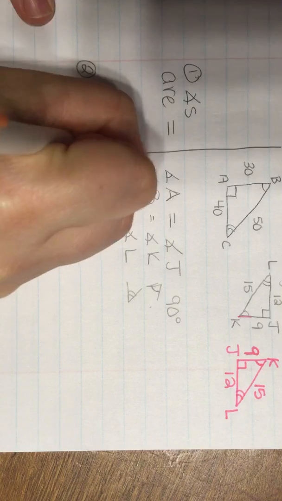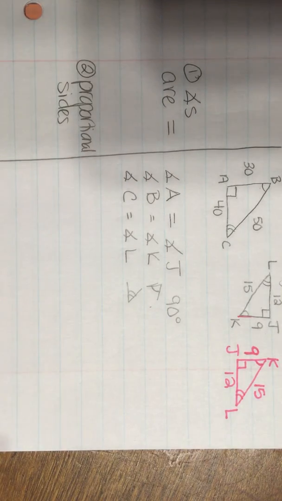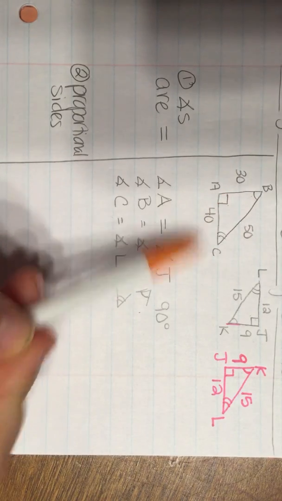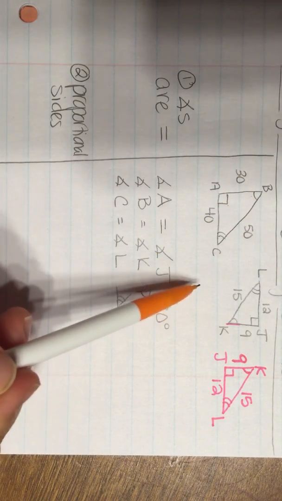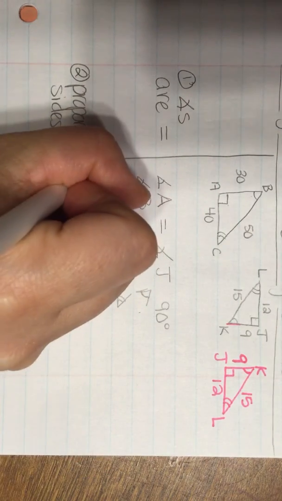So if the sides are proportional, that means that if you chose two sides from here and two sides from here that were corresponding, then they are going to simplify to the same fraction.